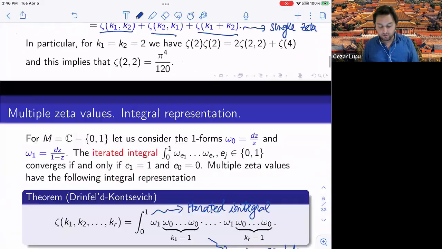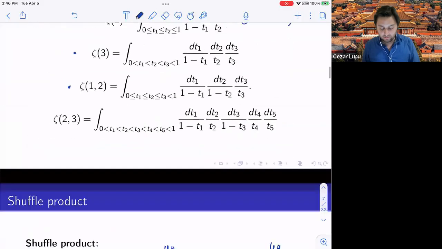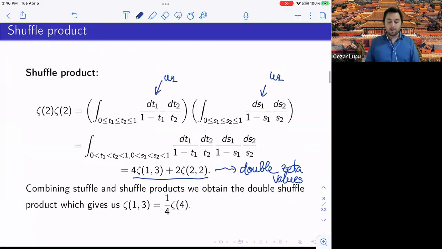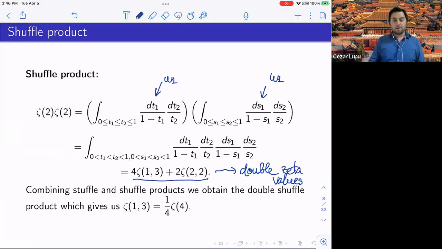But in the case of the shuffle, it's only double zeta values. And in this way, we know that zeta of 2, 2, from the stuffle, is pi to the 4th over 120. And now we can get the relation for zeta of 1, 3.